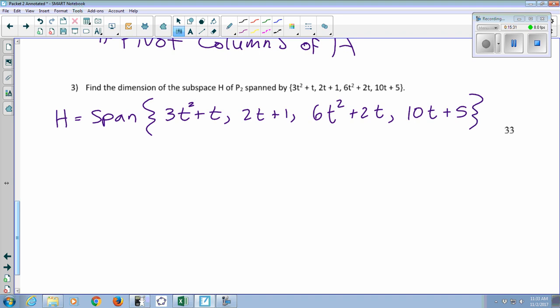So that's a spanning set. We've got a spanning set for H. In order to answer the dimension question, I have to have a basis. I have to know how many vectors are in the basis. And a basis is a spanning set that's also linearly independent.